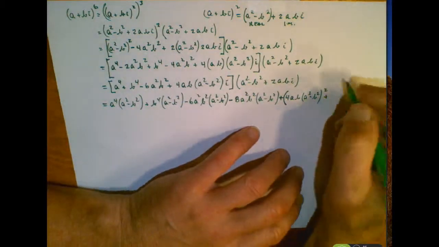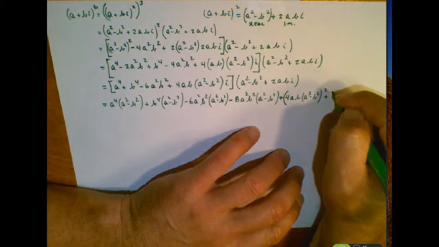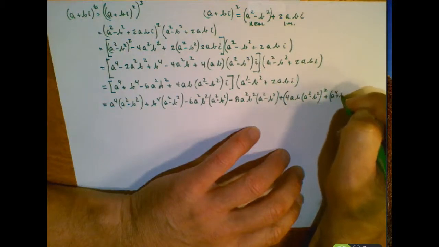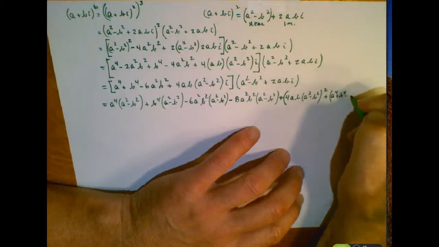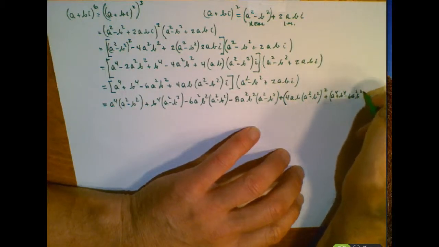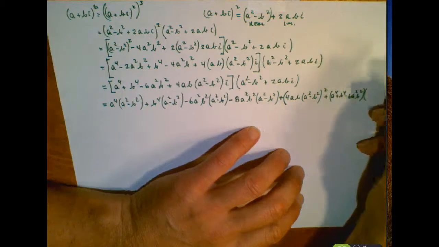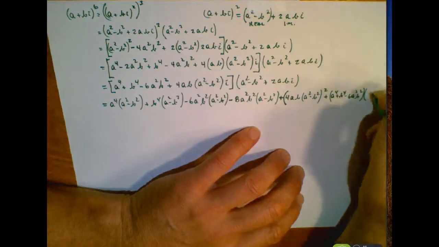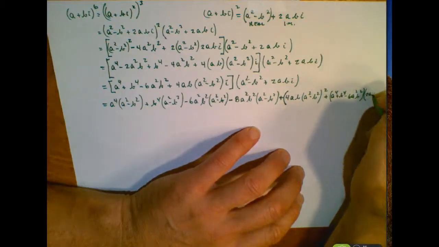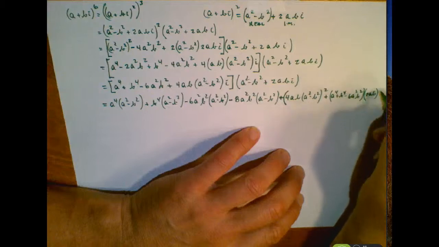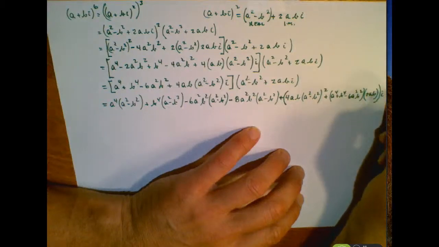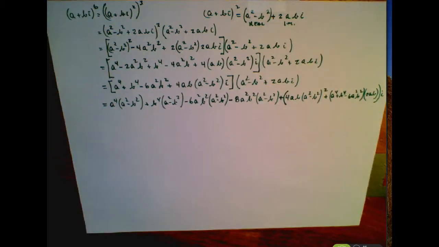Let's go ahead and write, hopefully we have enough room here, a to the fourth plus b to the fourth minus 6a squared b squared times 2ab, group, and then let's group this and put an i. And that is one huge problem so far.